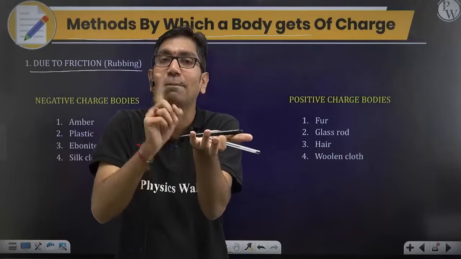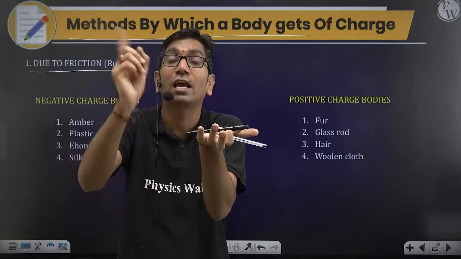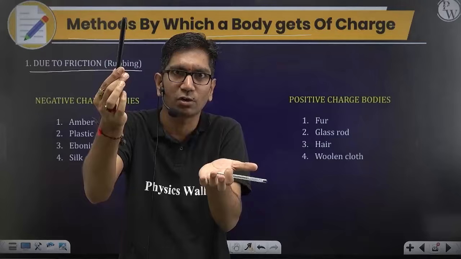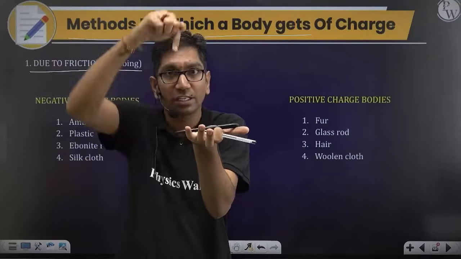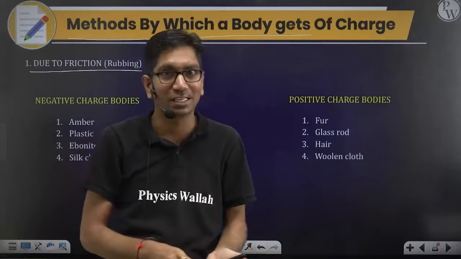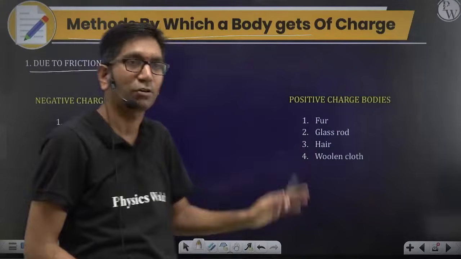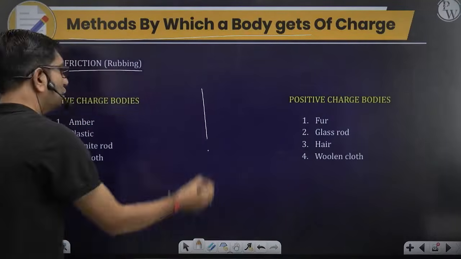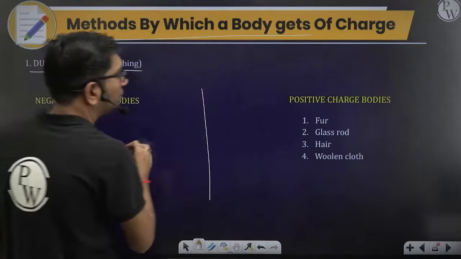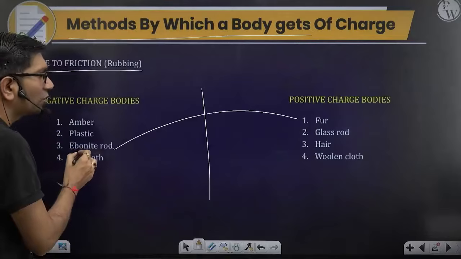Is it clear? What happens here? All the electrons from this body, this is a negative charge body, are shifting towards the ground. Is it clear? He may ask you a concept based question here. So as we have finished this one, see here, beta, you can rub the ebonite rod and the fur.